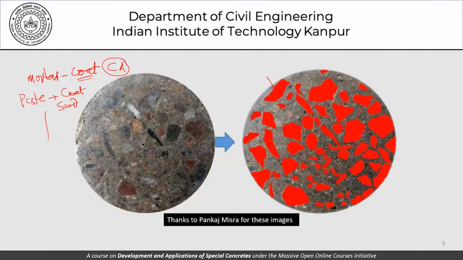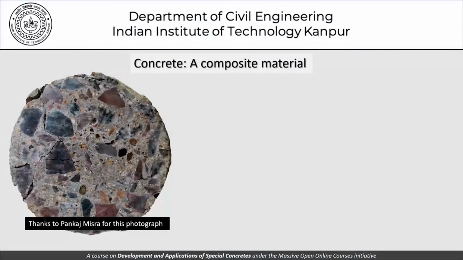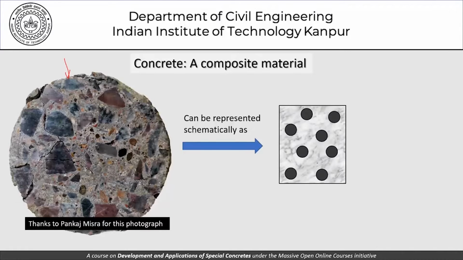That's what makes concrete. Now moving forward, when it comes to a composite material, this picture of concrete can be schematically represented the way it is shown here, with aggregates suspended in mortar.